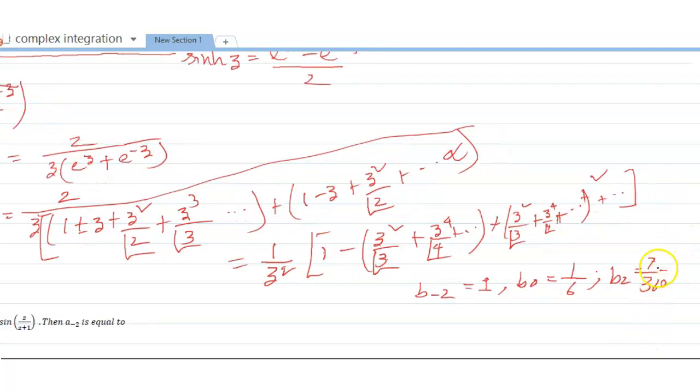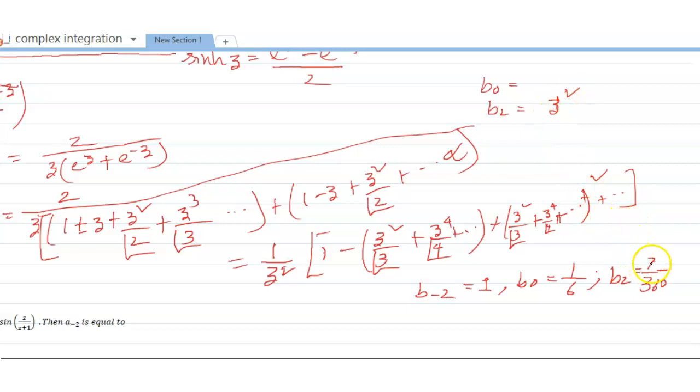Because 7 by 360, b2 means, by Laurent's theorem, b0 is the constant term, the term without z, and b2 is equal to the coefficient of z square.